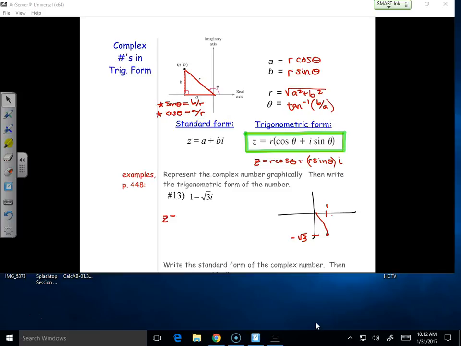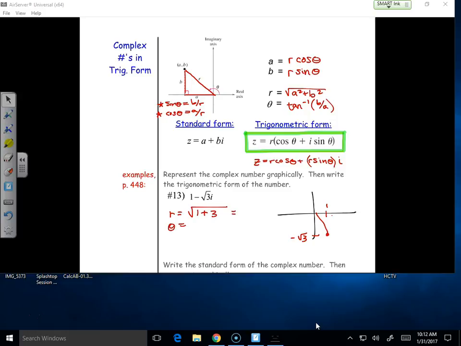Z equals. How do we get the first part? I need r cosine theta and r sine theta, but we don't have any of that, do we? Before we can do trig form, what do we have to find first? Those pieces. So r is going to equal the square root of 1 squared plus negative root 3 squared.